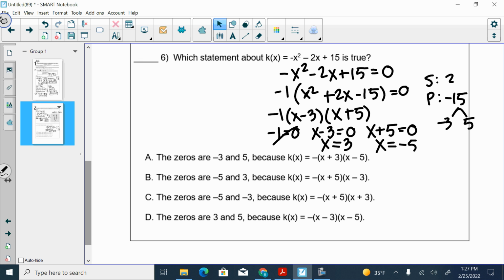Okay. All right. So can we eliminate any that don't say that x should be negative 5, and x should be positive 3? Is there any that don't say that?